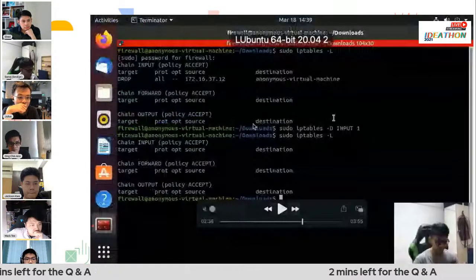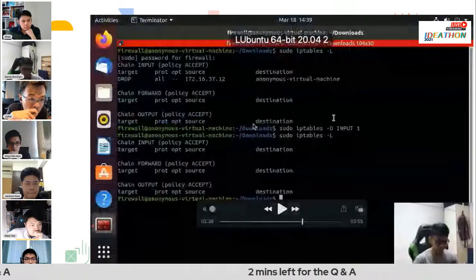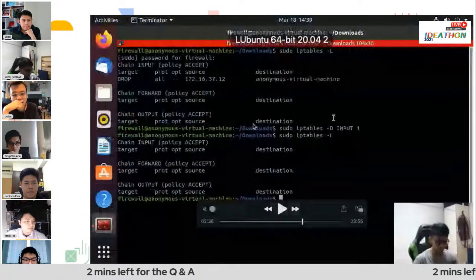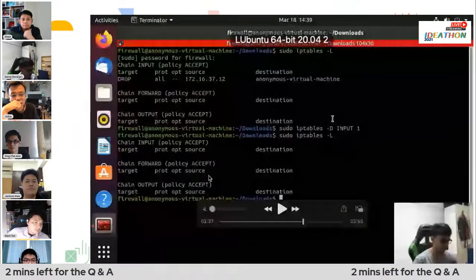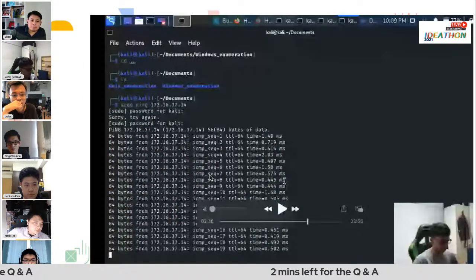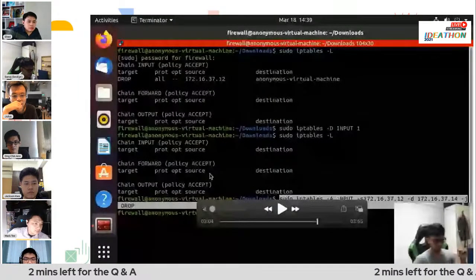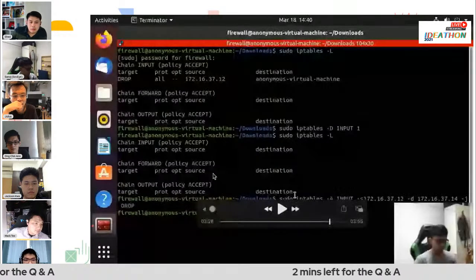We guide them with a handbook with these commands, some basic commands. After it's done, it will not ping again. I will show you in the demonstration this time.